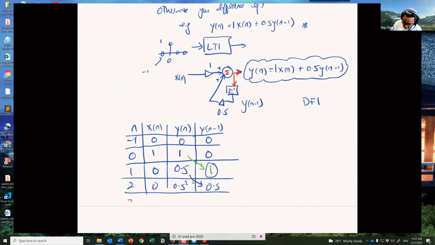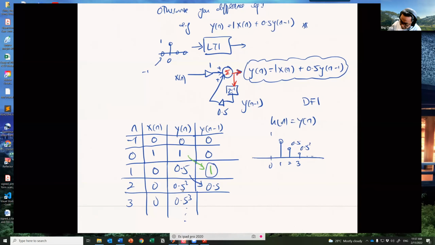So you see the pattern now, 0.5 cubed. And you realize that although I send a lousy impulse into the system, my h[n] is this: 1. This is h[n], or I should say also y[n], because this is the output. This guy is 0.5. This guy is 0.5 squared, and so on.